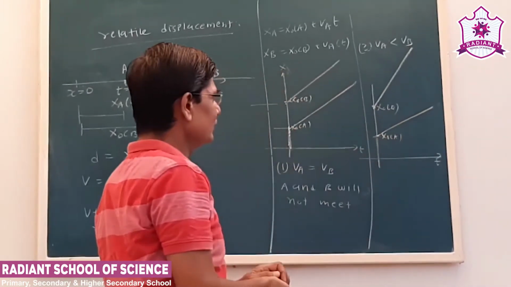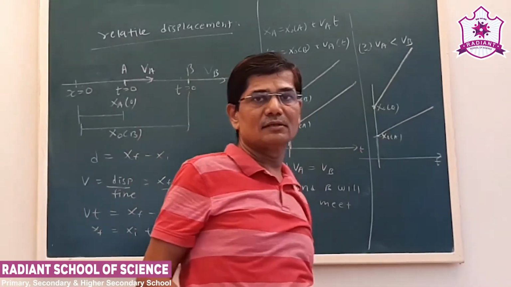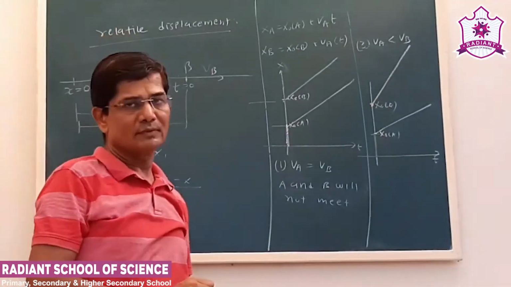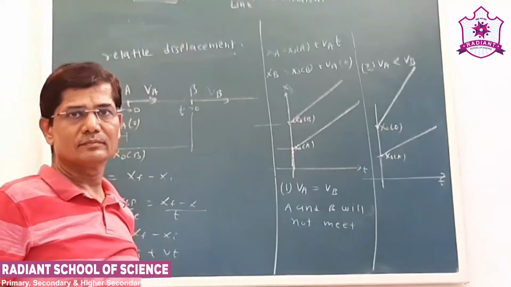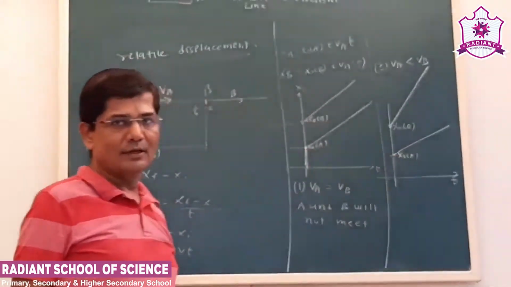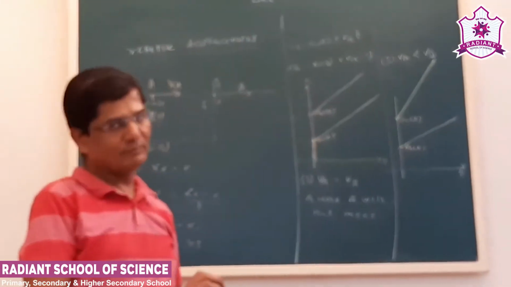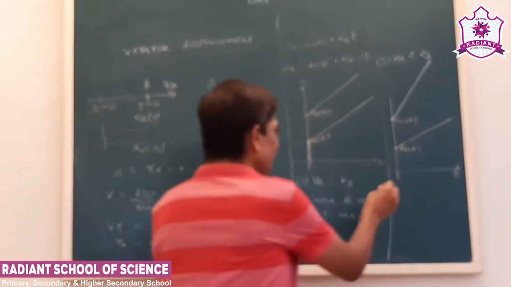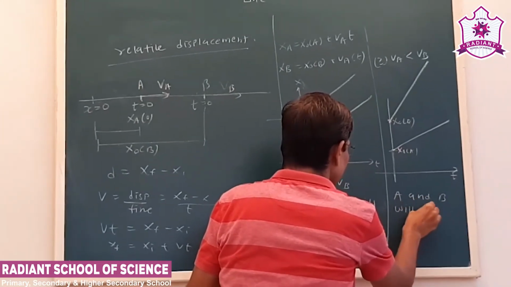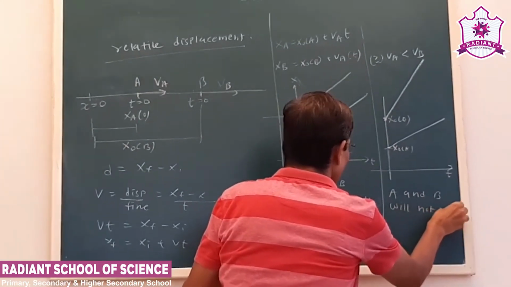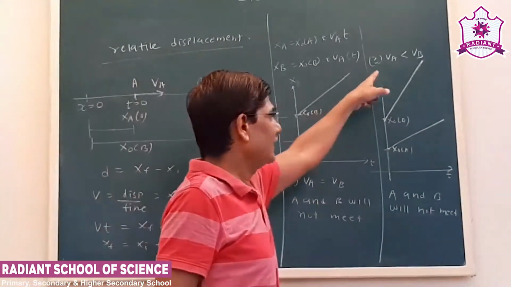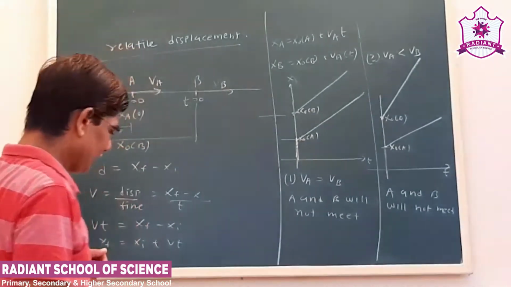So the difference between their positions will increase, and they will not be able to meet. So when VA equals VB they cannot meet, and when VA is less than VB they cannot meet.